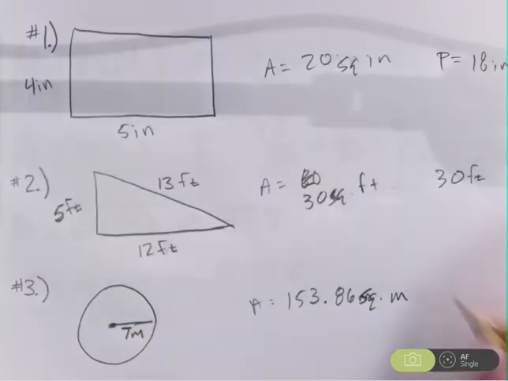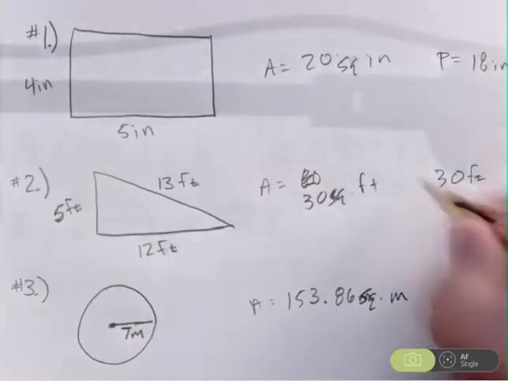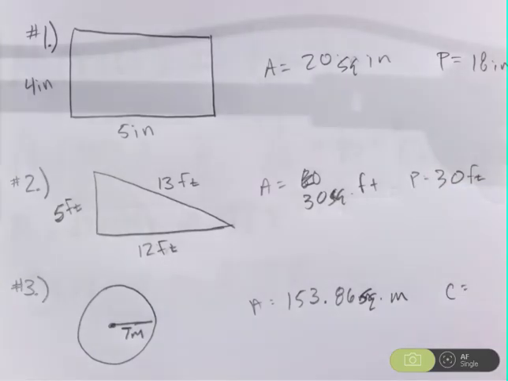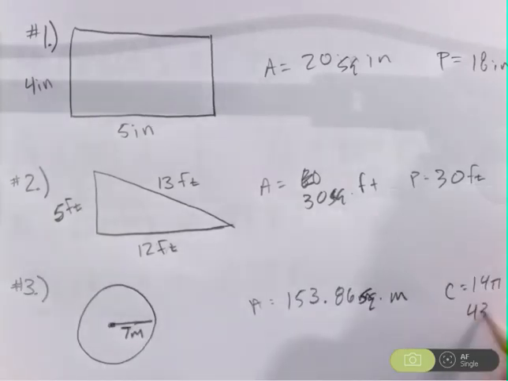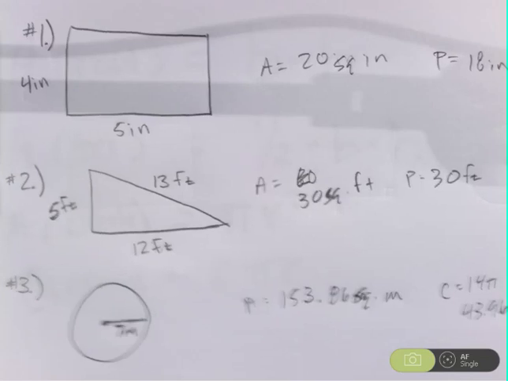And here our circumference is going to be 2 times pi times r, so that's going to be 14 pi, which is 14 times 3.14, 43.96 meters.